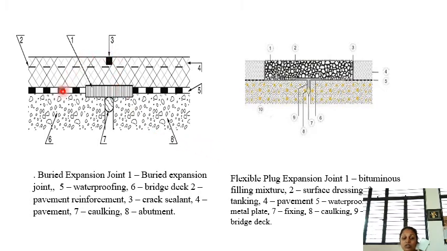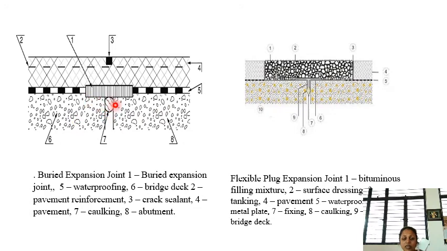In this sketch you can see a buried expansion joint. The top is the pavement. This is the caulking. This is the abutment, and abutments on either side. This is the caulking.